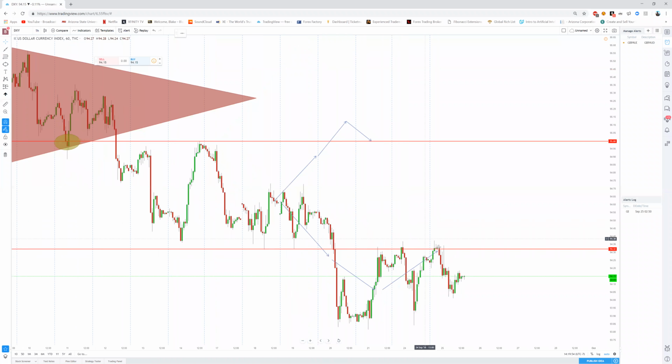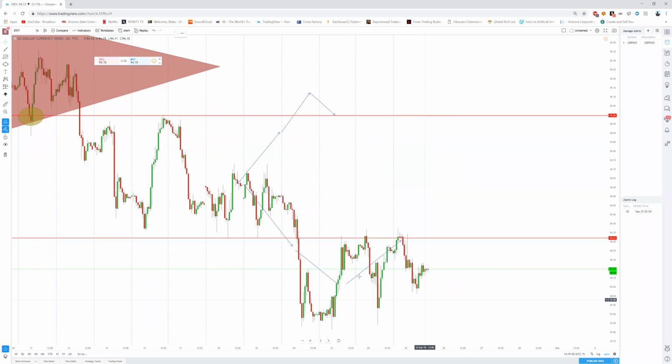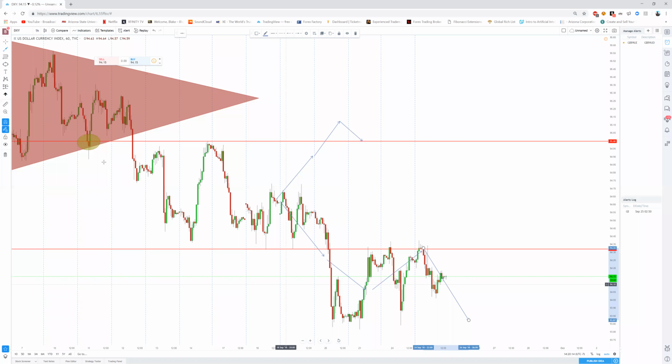Because price came into this zone 3 times and left all 3 times, it appears, at least because of that single confirmation, just from looking at it really quickly, that the DXY should be going down, which means that the US dollar would be decreasing in value. So yeah, let's go ahead and throw a Fibonacci onto this using the magnetic tool.